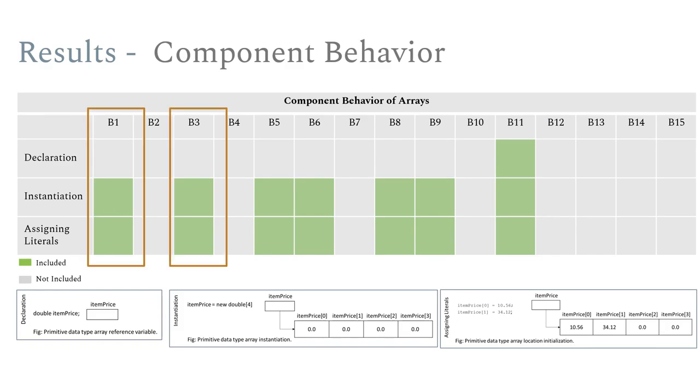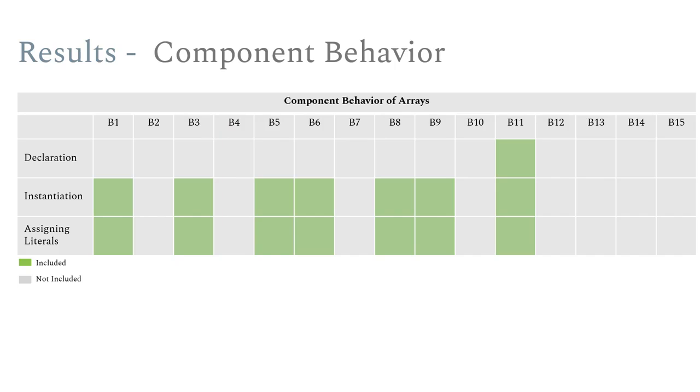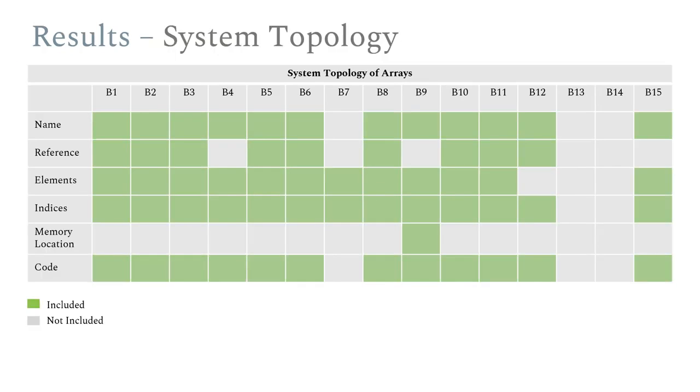These 6 books left out declaration and only portrayed instantiation and assigning literals. The remaining 8 books provided no diagrams to explain these state changes. B11 was the only book which provided all component behavior and almost all major components of arrays.